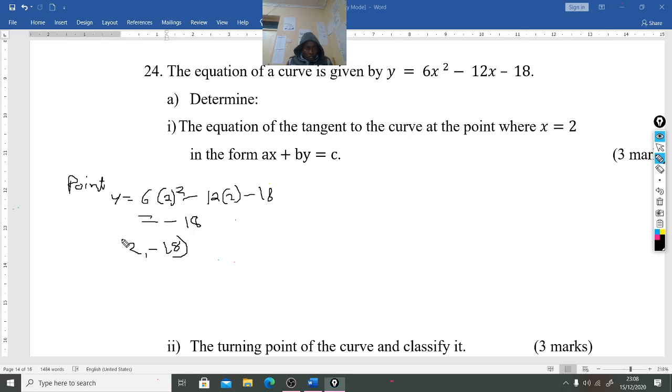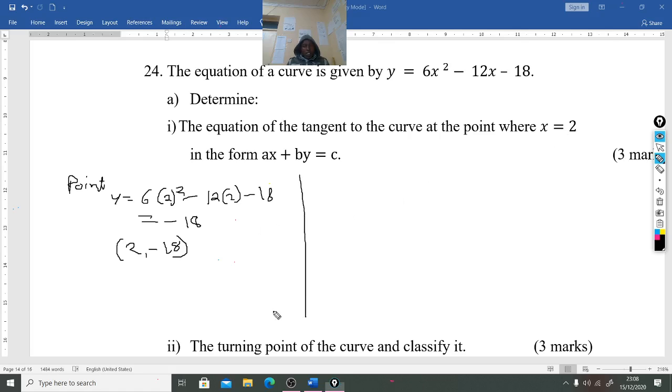At that point, we need to find the equation of the tangent, so we need to know the gradient at that point. Remember, the gradient at the point where x is 2 is equal to the gradient of the curve.